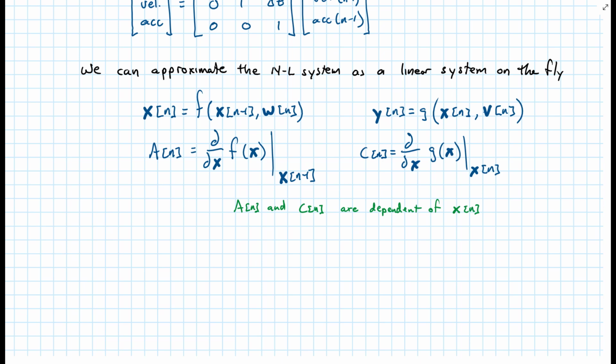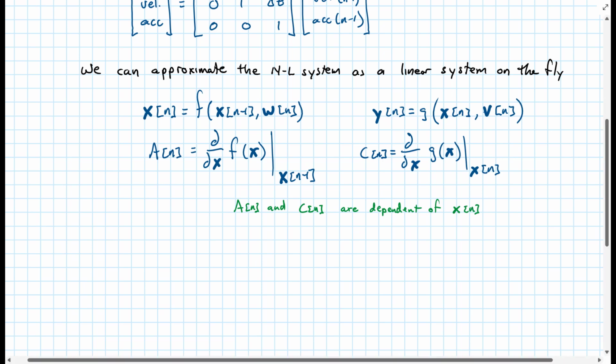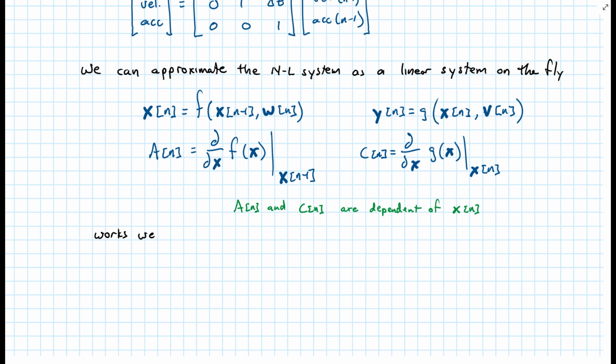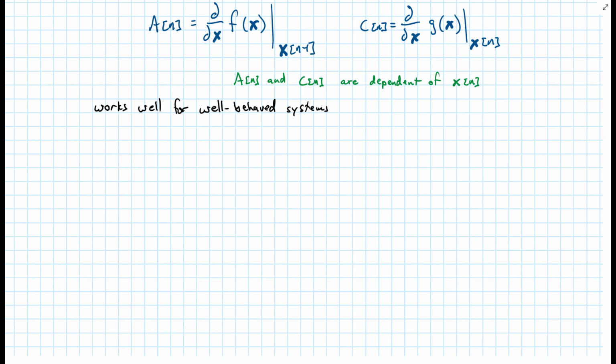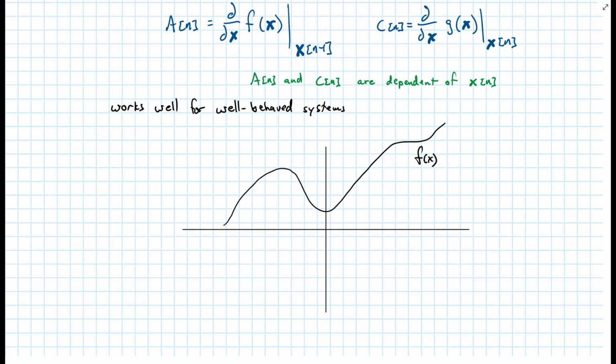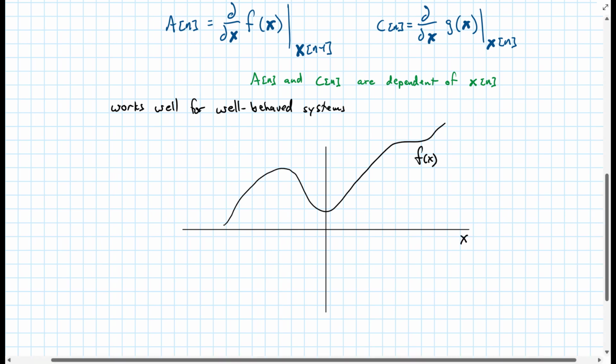So this is going to actually work quite well for well-behaved systems. An example of how this might look would be if we had some f of x as a function of x like this.